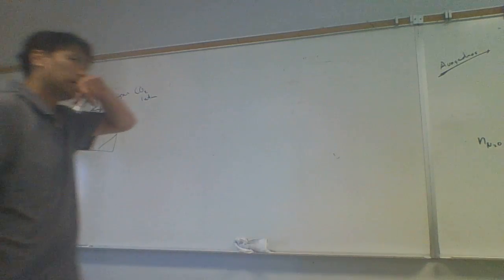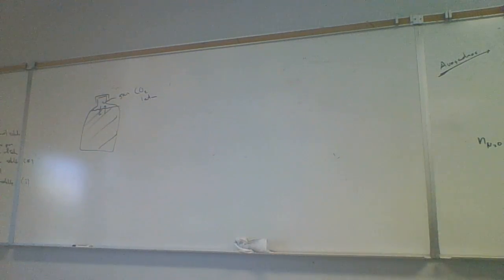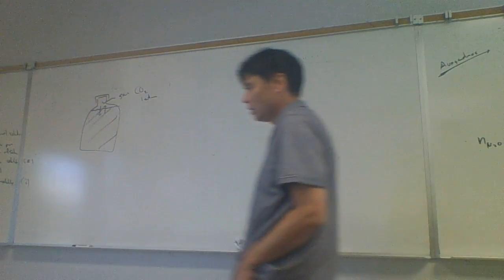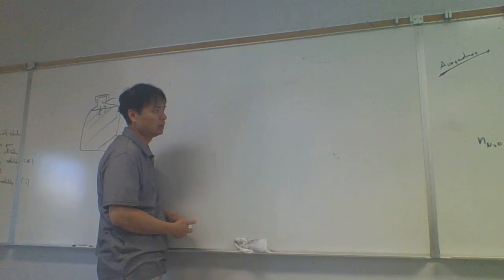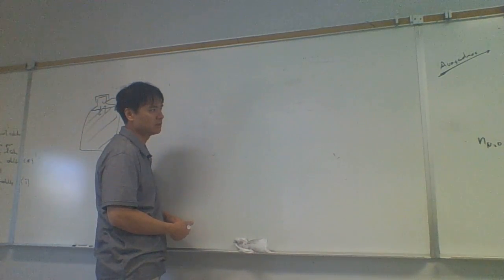Let's take a look here. By volume, dry air contains 78.09% nitrogen, 20.95% oxygen, 0.93% argon, and 0.04% carbon dioxide. 0.04% carbon dioxide means if I had 100 atmospheres of air, I'd have 0.04 atmospheres of CO2.